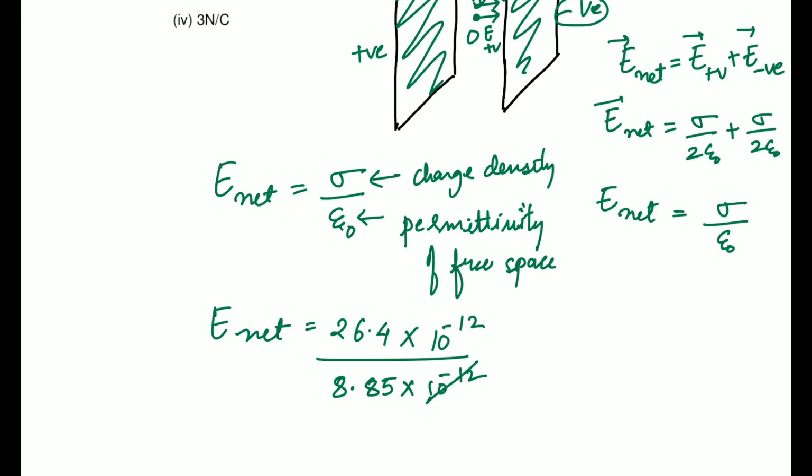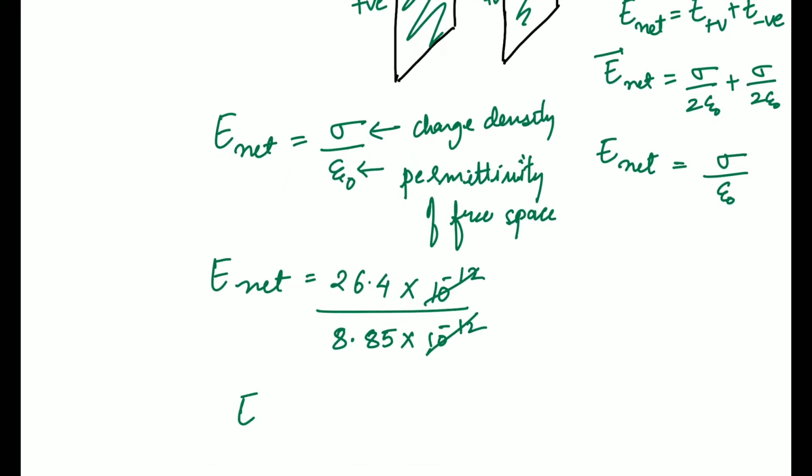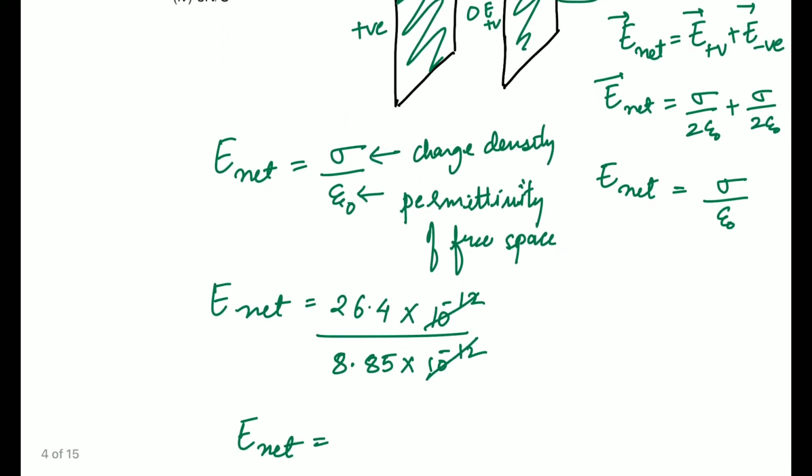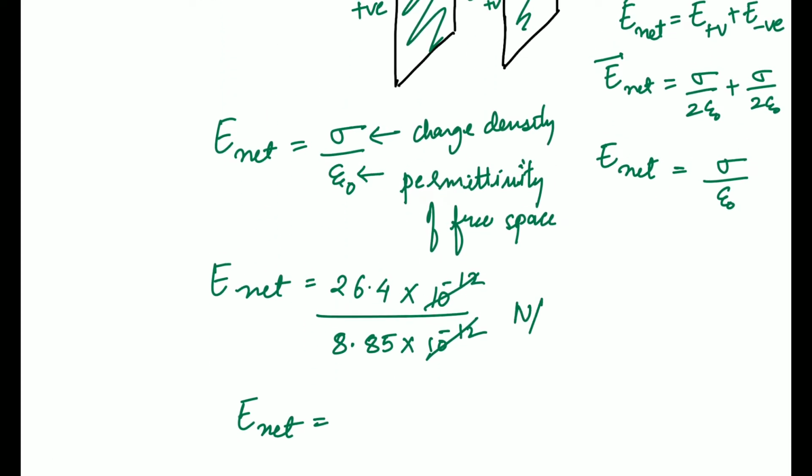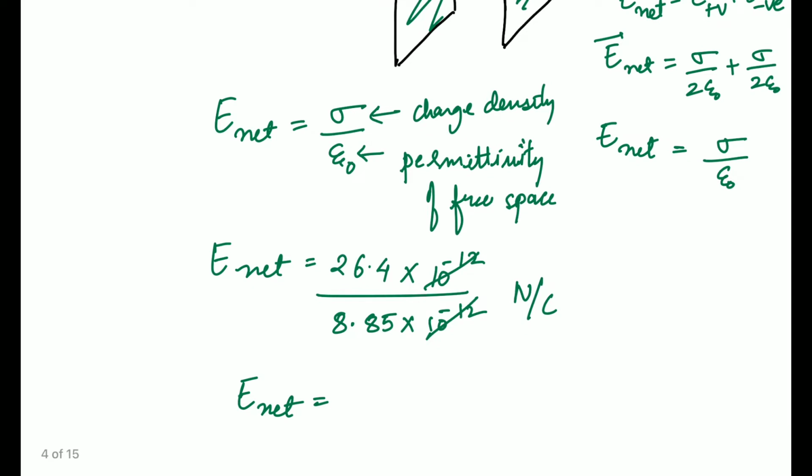You can see the powers of ten will automatically cancel out, and the electric field inside will be simply equal to, obviously the final unit will be Newton per Coulomb, right? Yes or no? So this is 264 divided by 885, the zeros cancel out. This is 2640 upon 885.